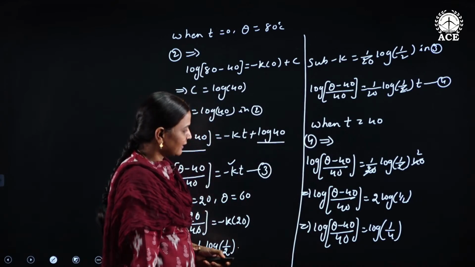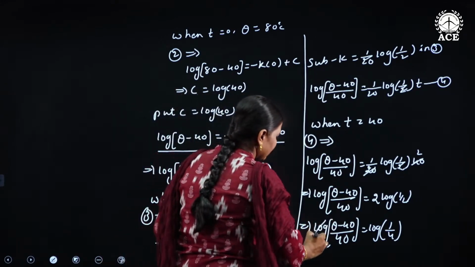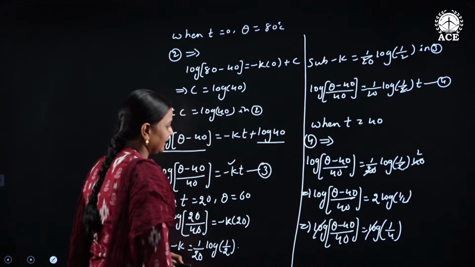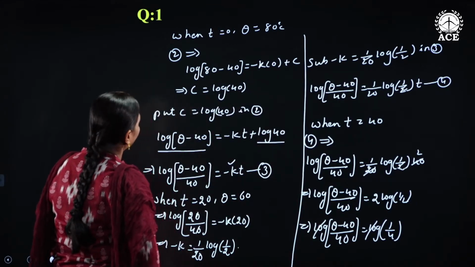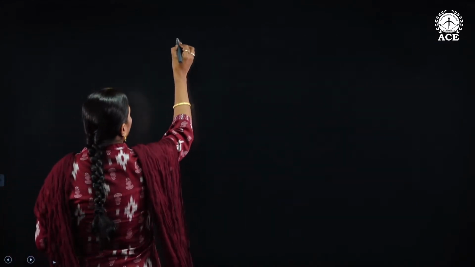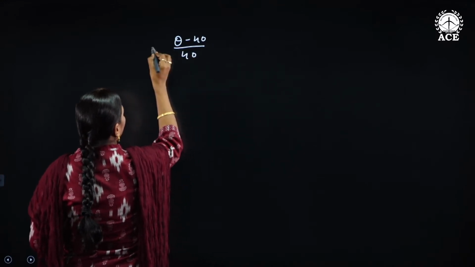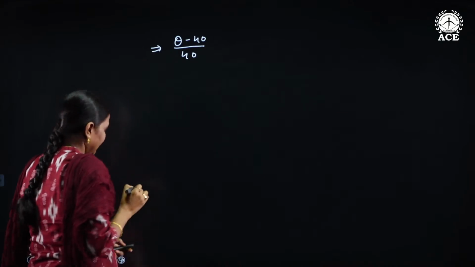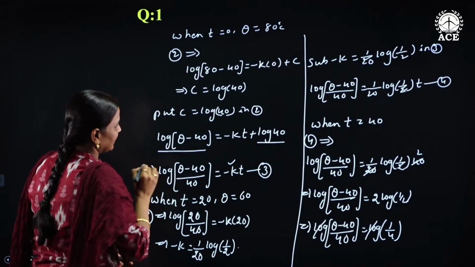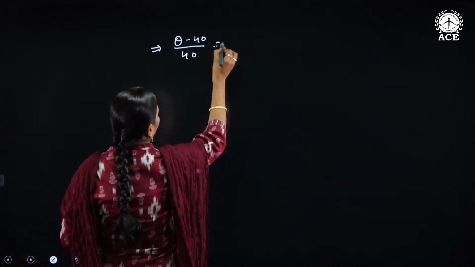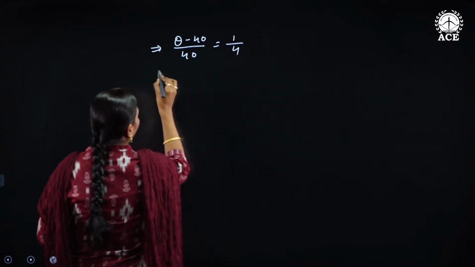Now cancel logarithm on both sides. If we cancel logarithm on both sides, then we get (theta minus 40) by 40 is equal to 1 by 4. So how to write?